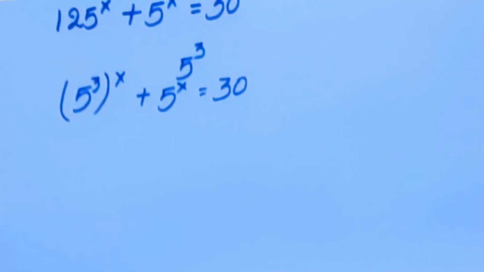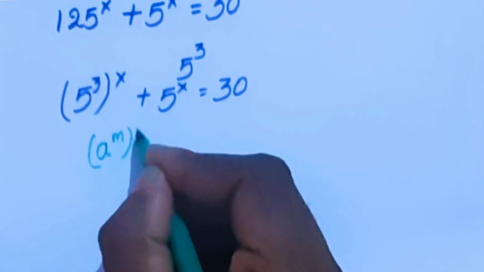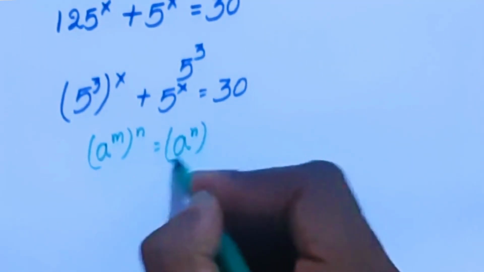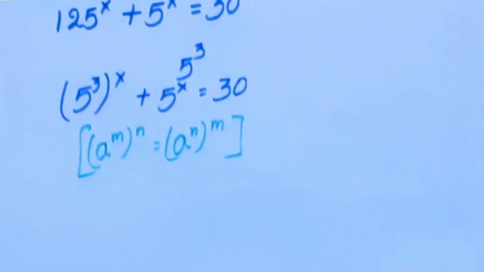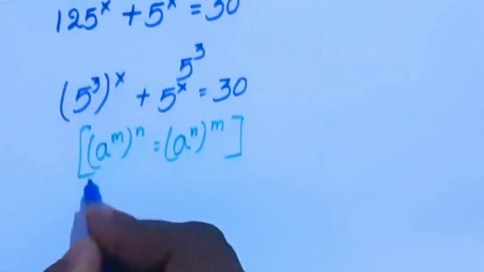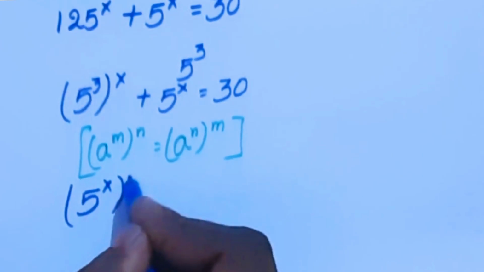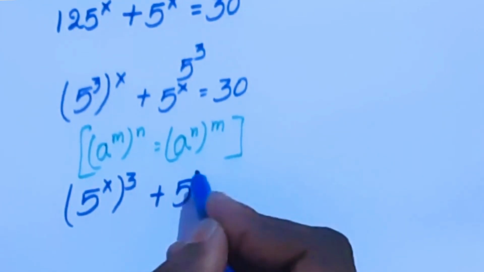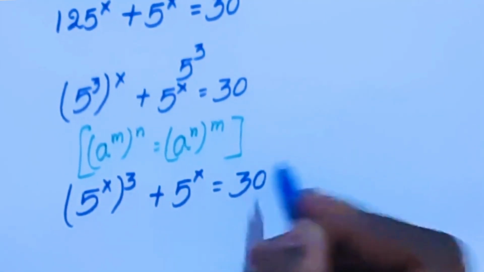Now we are going to apply this exponent identity that (a power m) whole power n equal to (a power n) whole power m. This we are going to apply here. So we'll get (5 power x) whole power 3 plus 5 power x equal to 30.